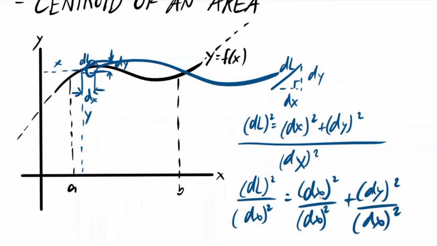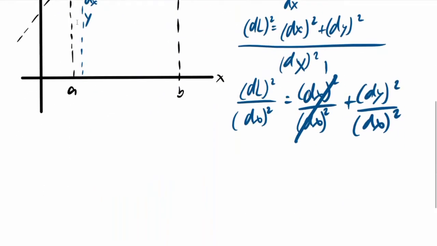Now as you can see, dx over dx squared is just 1, it can divide to 1. And dy over dx is just y prime, right?